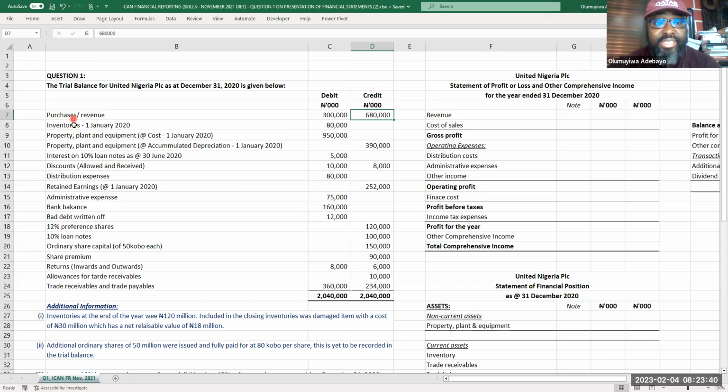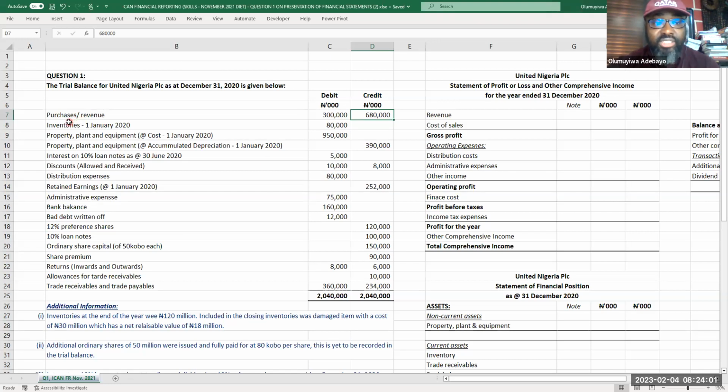Now, the approach here is periodic because purchases was recognized. Whereas if you use perpetual, inventory will be recognized. And once you sell the goods and recognize revenue, you release from your inventory to cost of sales. That's why you find cost of sales in the trial balance.